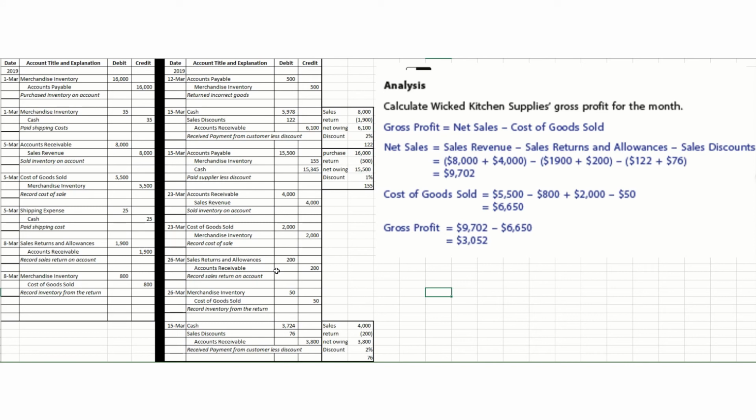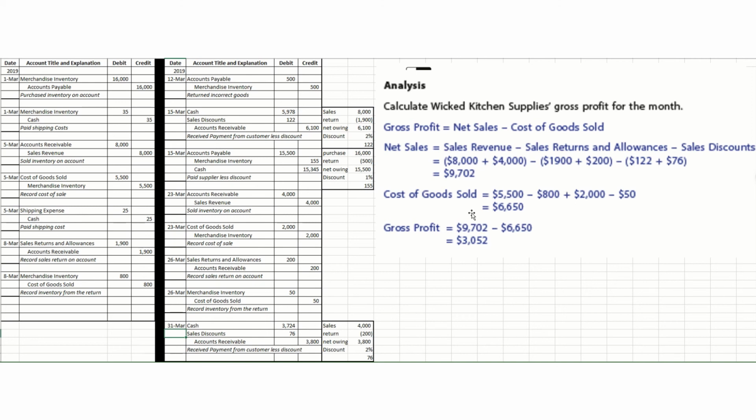And for sales discounts, we had two sales discounts being $122 on March 15th and $76 on, oh, I have the wrong date there, I apologize, on March 31st. So if you add up the 8 plus 4, take away the returns and discounts, you'll have a net sales amount for this organization of $9,702.